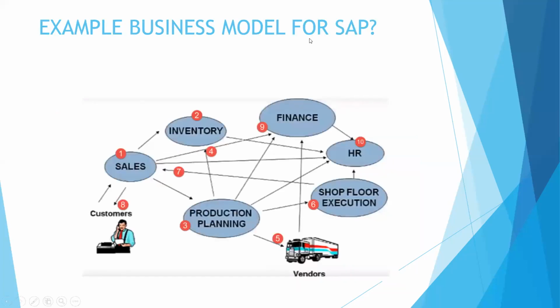Now I'll just show you an example business model for SAP. You follow these numbers and try to understand this example. For example, one customer calls the sales department. He calls over the phone and gives an order for 10 pieces of, if you take any product, Milton bottles.